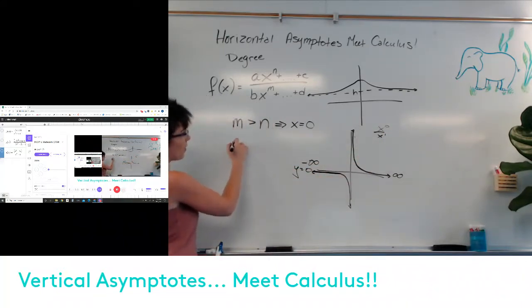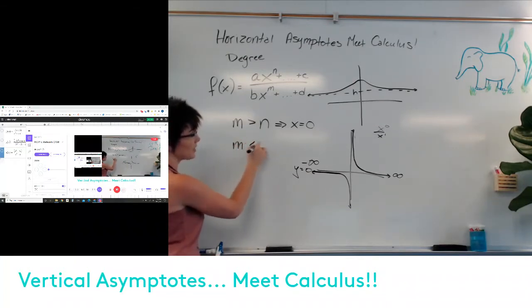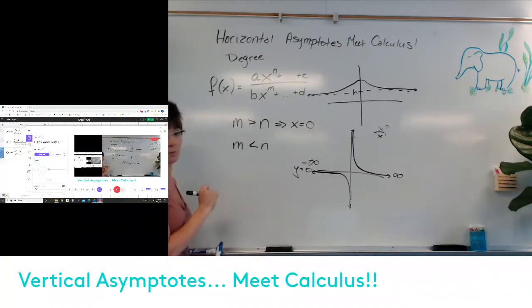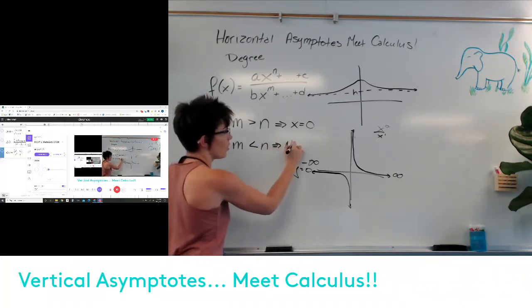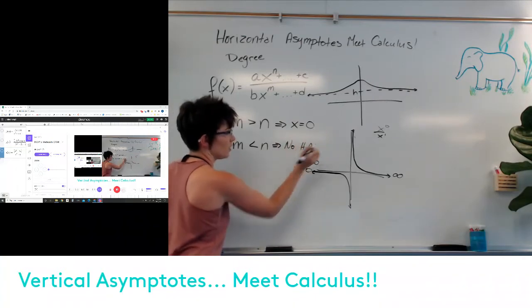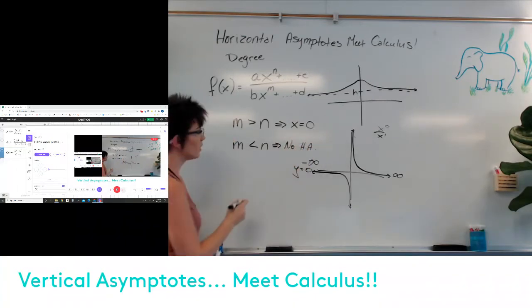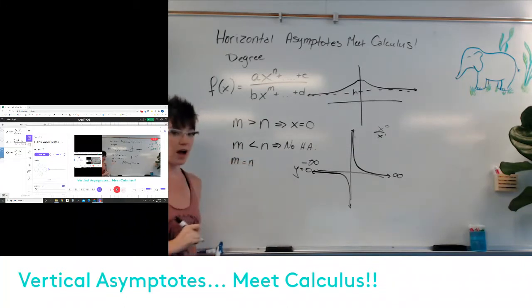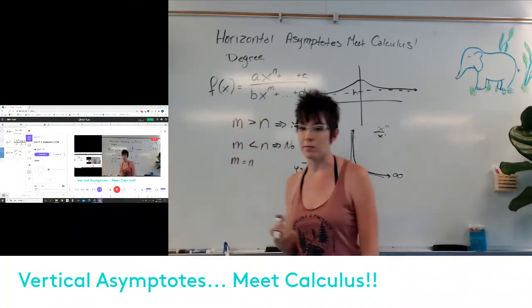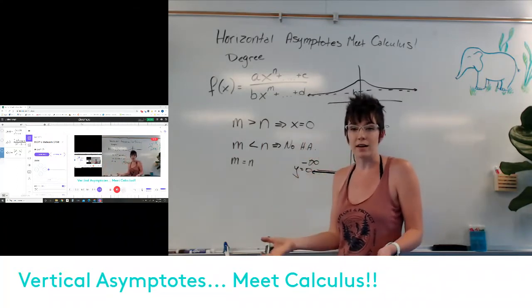All right, what happens if maybe the bottom degree is less than the top? What would that mean? Well, it actually means that there is no horizontal asymptote, so you don't have to worry about it. The last situation that could occur is if the degree of the top is equal to the degree of the bottom. So what would happen in that case?